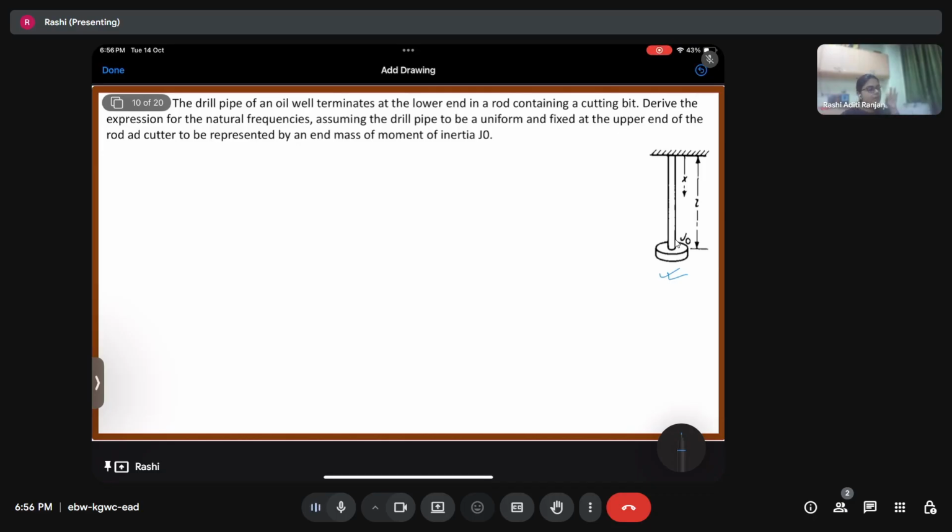So firstly, if we talk about the end part of the system, like over here where we have the cutter, the cutter like this.